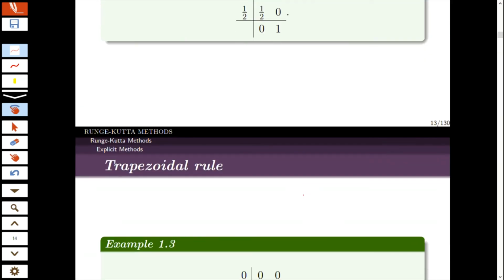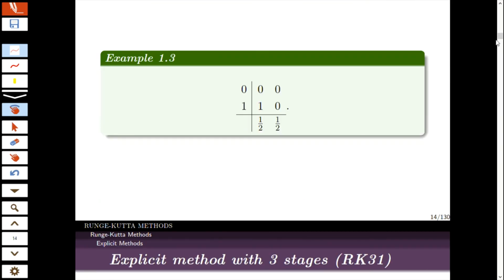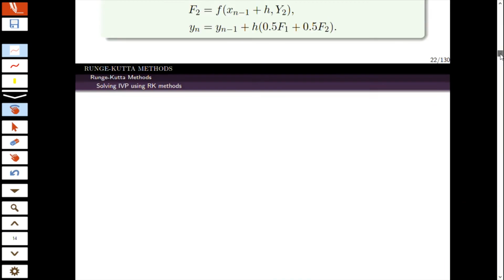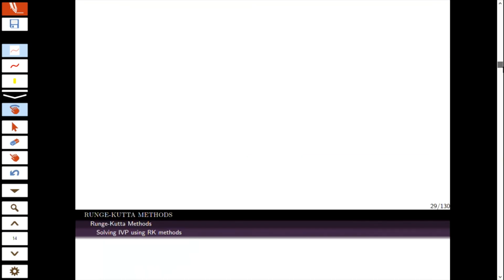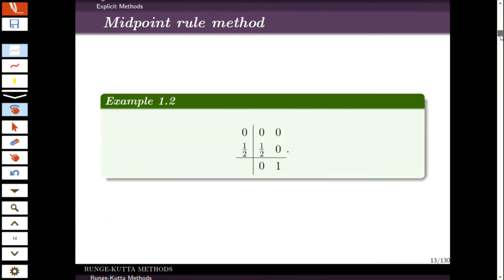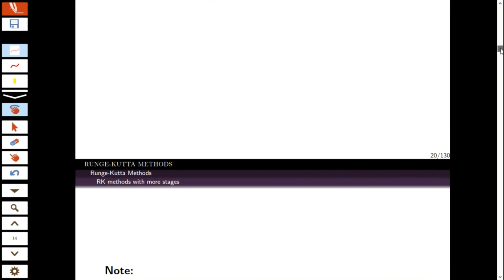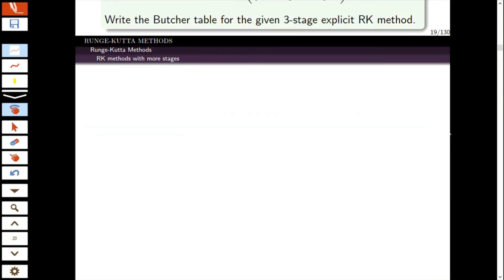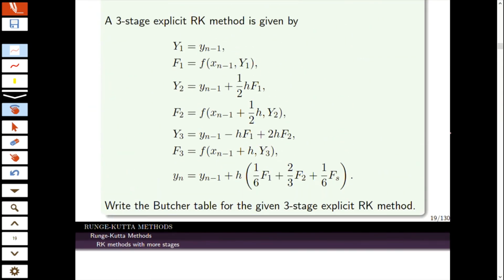Okay, so maybe it's here. Somewhere here. Maybe further up. Slide 20, yeah, slide 20. Okay, for this method, what is the Butcher tableau?